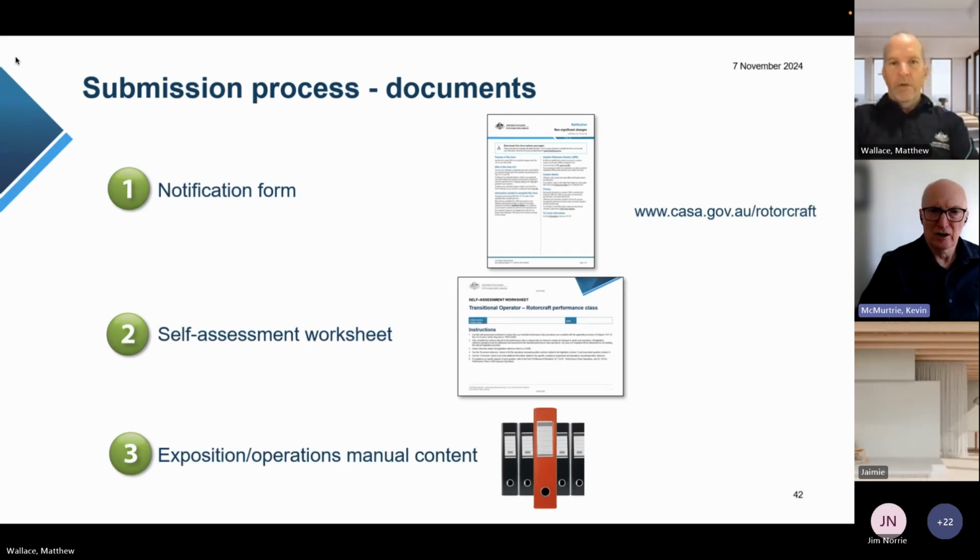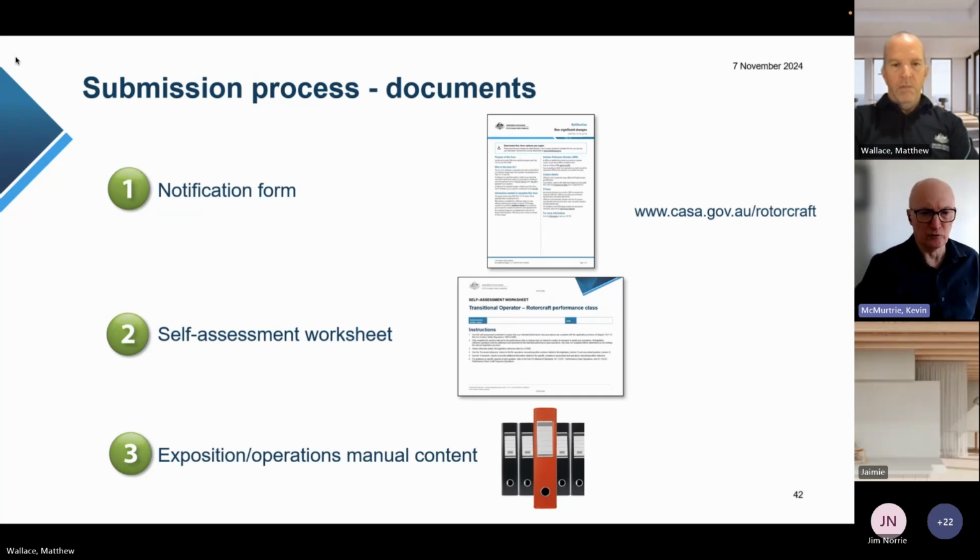Okay, the submission process: what do you need to submit? Each performance class submission will comprise 3 documents. The non-significant change notification form, which the CEO or their agent will sign. A completed rotorcraft performance self-assessment worksheet, which we'll have a quick run through shortly.